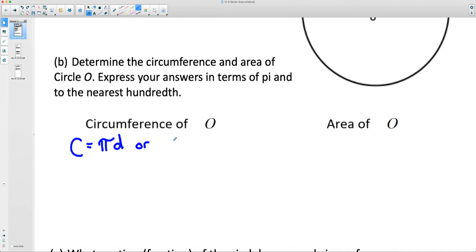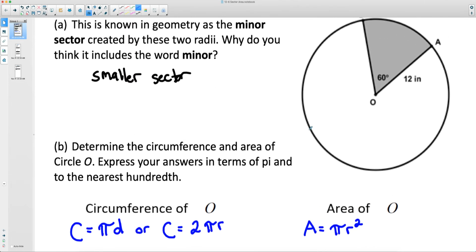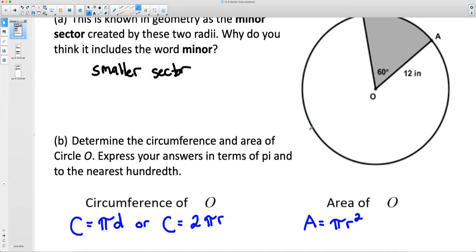The diameter is twice the radius, so we could say circumference equals 2 pi r might be another way to say it. And area is pi r squared. So this is asking us for the circumference in terms of pi, and then we'll also round to the nearest hundredth.